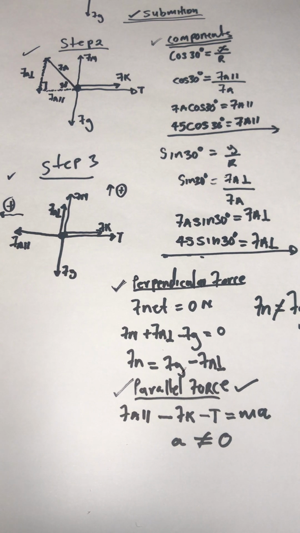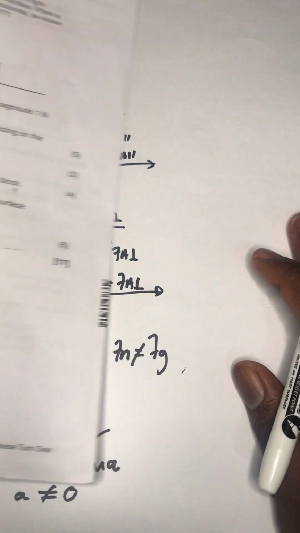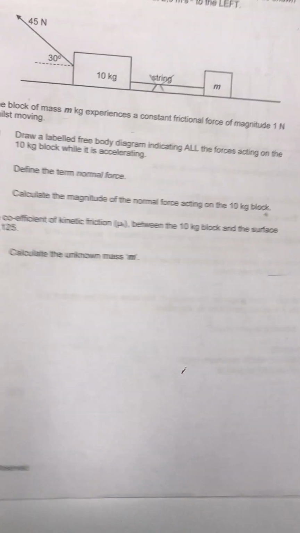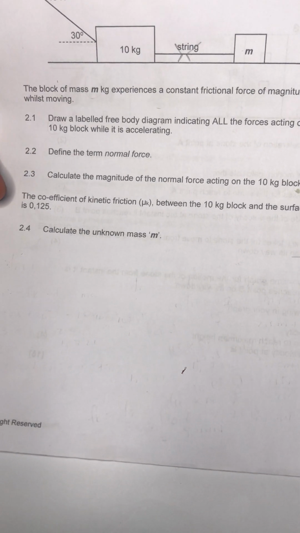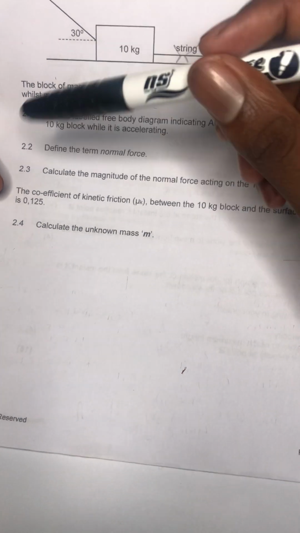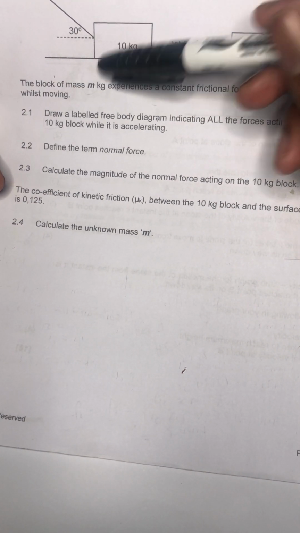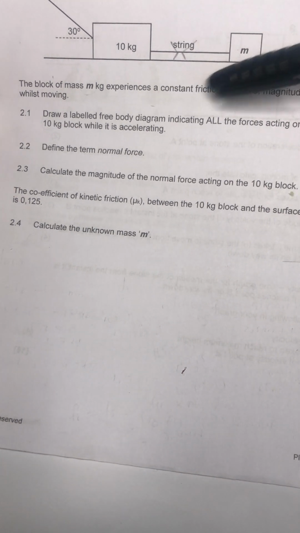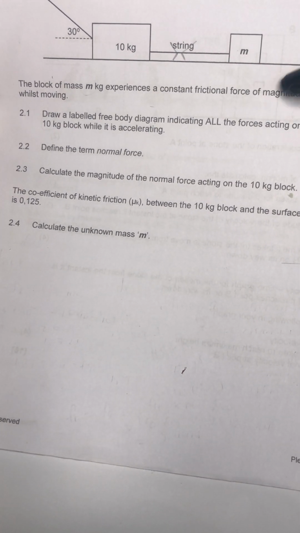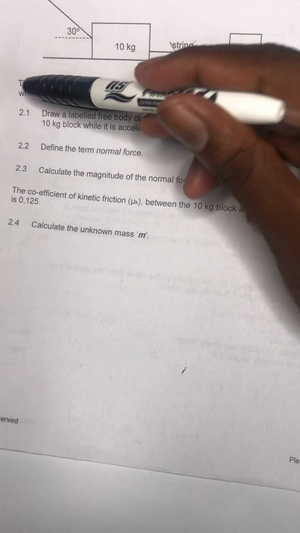Okay, question 2.1. The block of mass 10 kg experiences a constant frictional force of magnitude 1 Newton while moving.